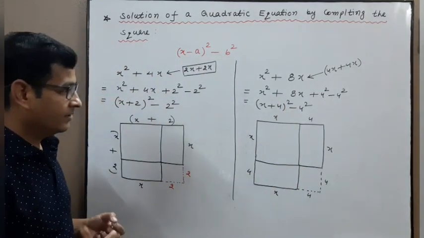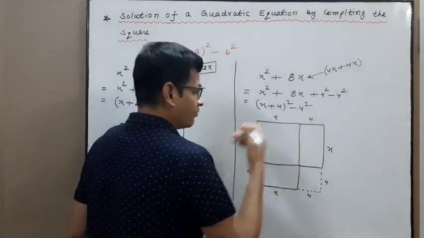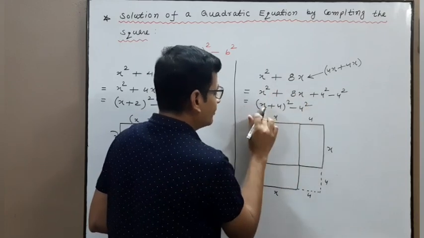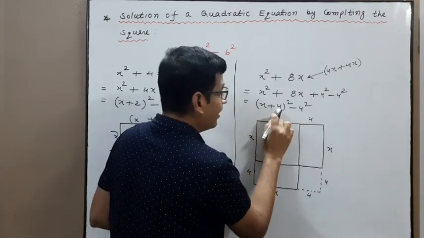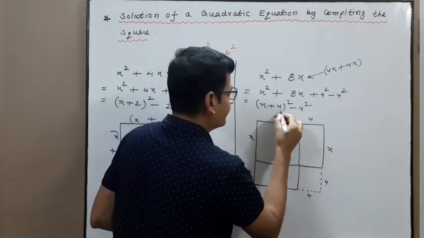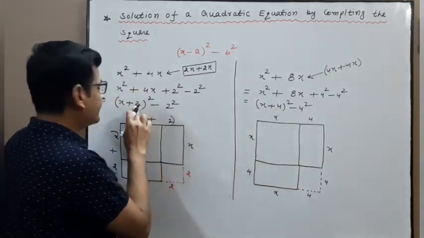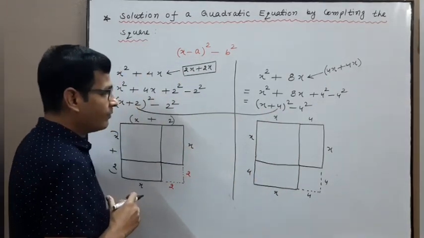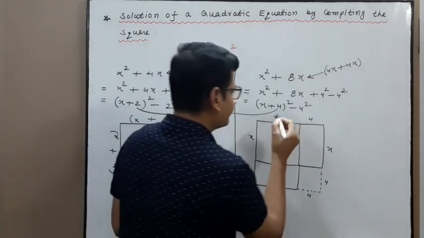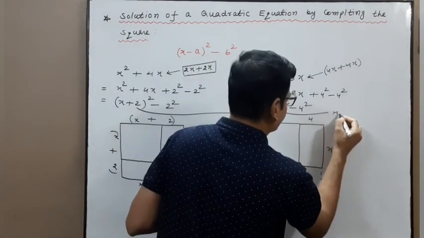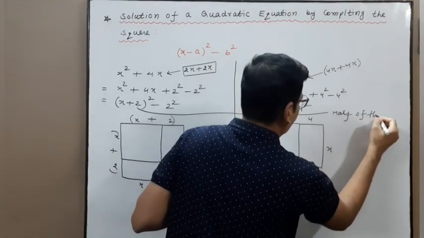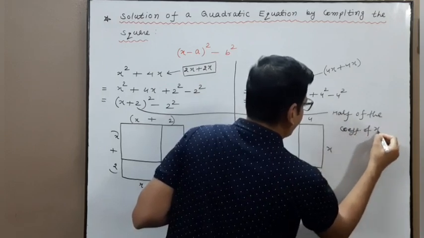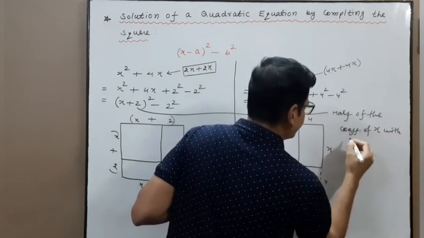Now the conclusion. No need to draw the square every time. Just see, here x square plus 8x. So here only write x, and here half of the coefficient of x, with sign.